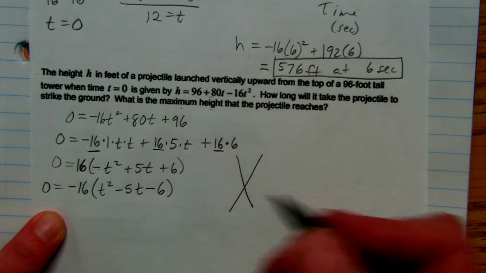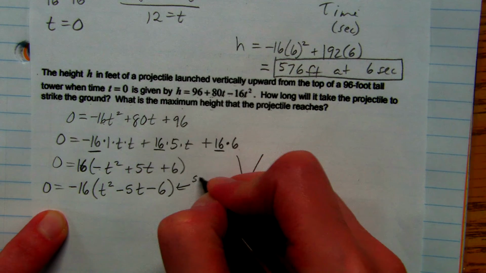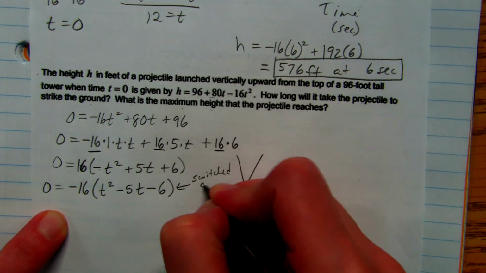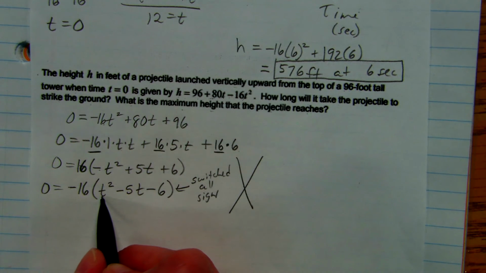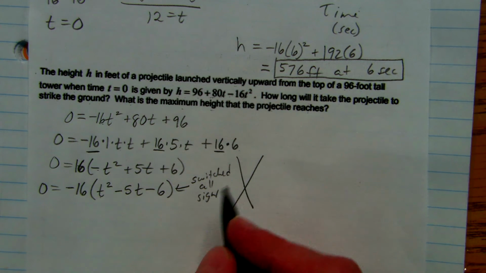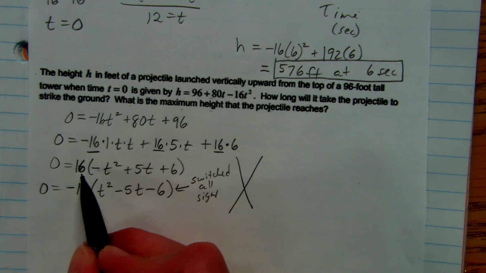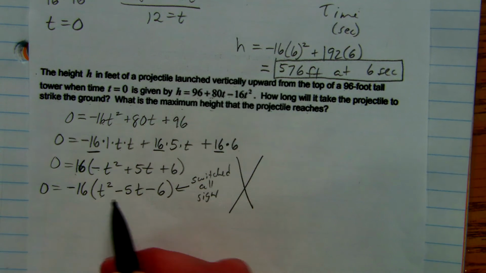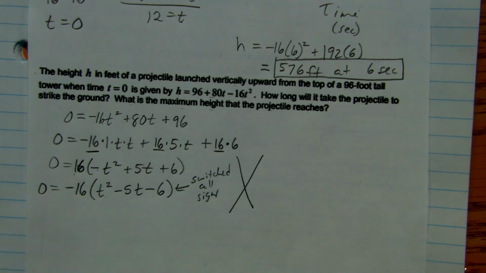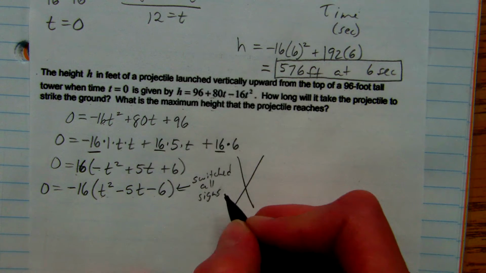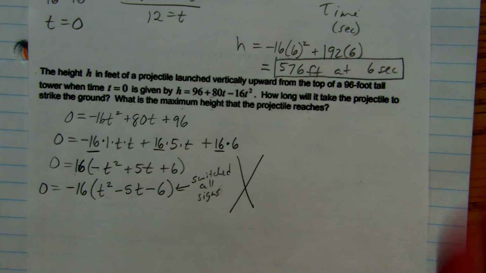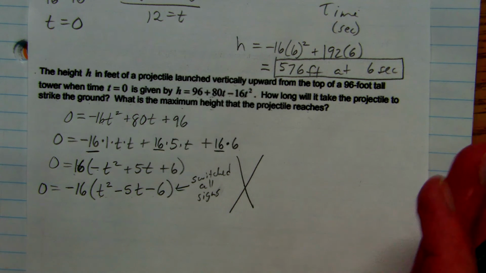So basically, and I'm going to write this in my notes, we just switched all the signs. When we factor this first term, the squared term has to be positive. It will not work. So we switched it to positive, which is fine. I just took the negative out and switched all these signs. It's like you're dividing by negative 1. So if you want, switch all the signs. We switched all the signs. And so that is a trick that you need to know because you have to do that a lot.